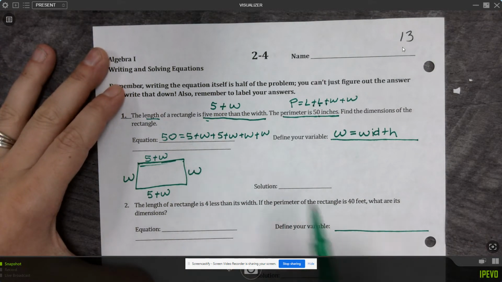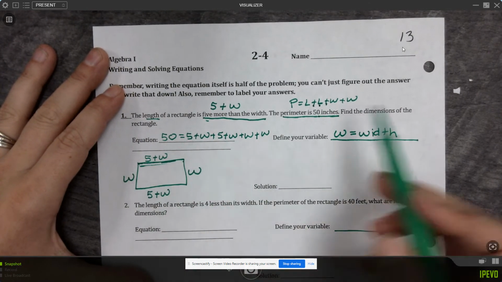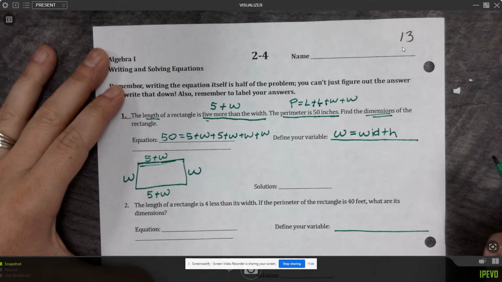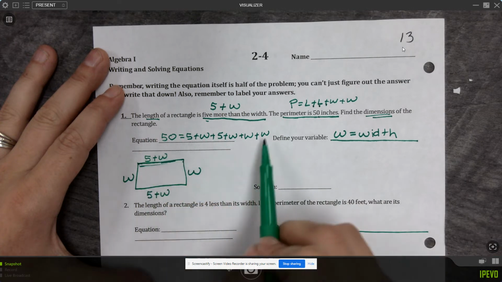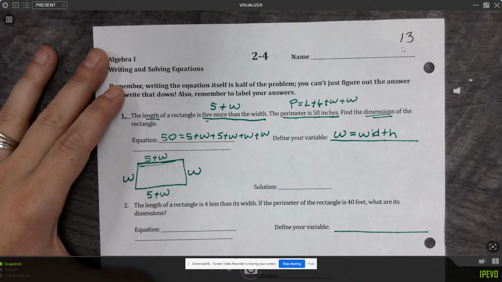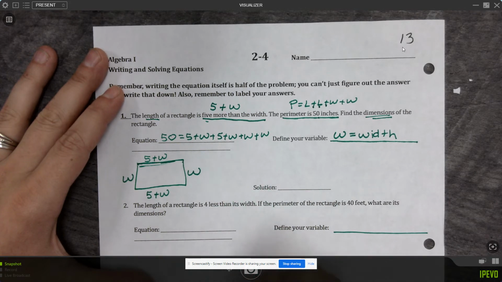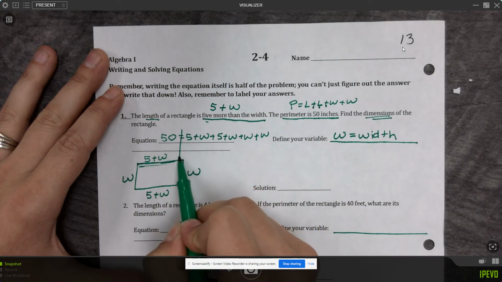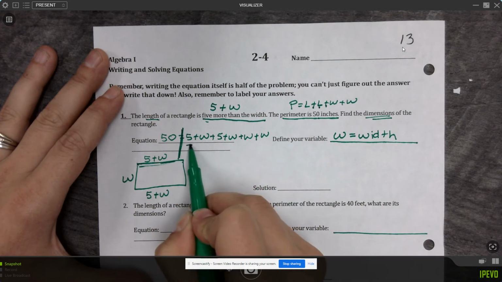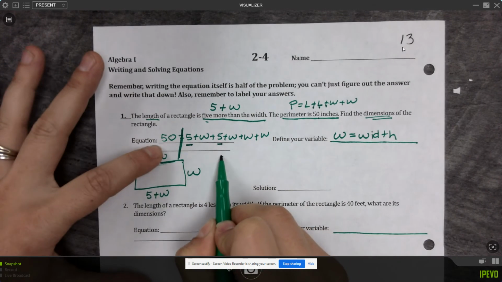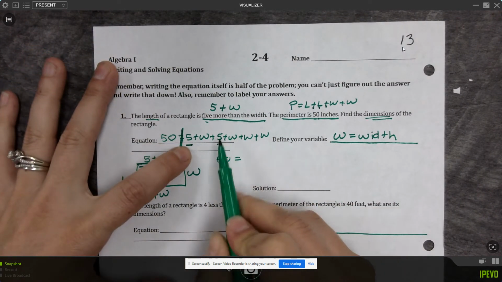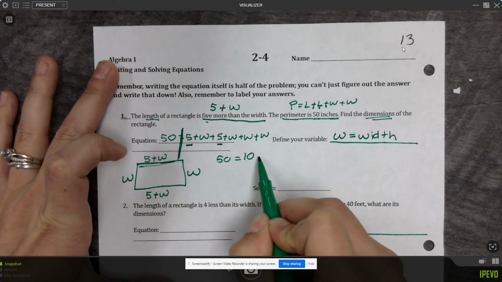Now, to get to your solution, we're going to solve this. We want to find the dimensions, which is another word for finding the length and the width. So we're going to solve this equation using what you've learned in lessons 1, 2, and 3. We have no distributing to do, so we can skip that. We do have combining like terms. So here's your equal sign. I have a 5 and a 5, so I'm going to keep 50 equals 5 plus 5 is 10.